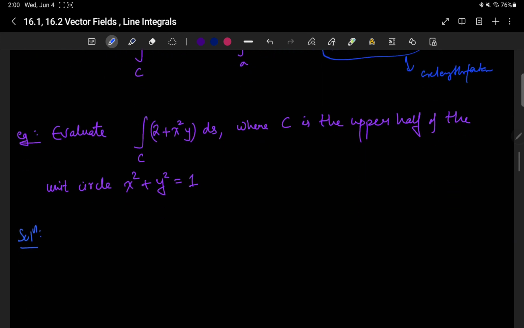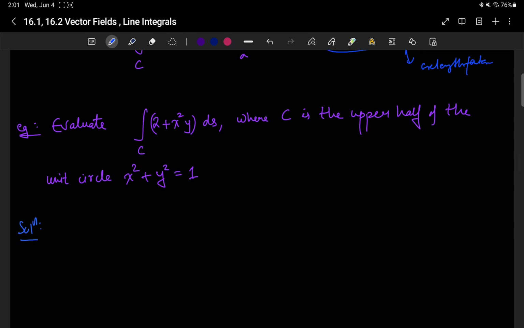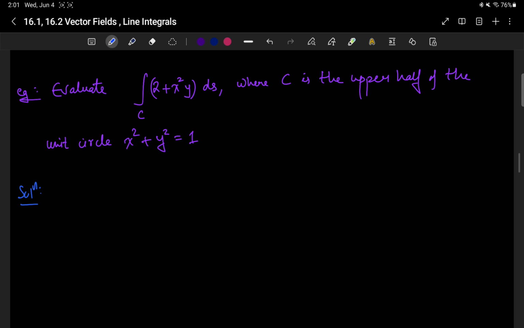Let's look at an example. Evaluate the line integral of 2 plus x squared y ds, where C is the upper half of the unit circle, x squared plus y squared equals 1.